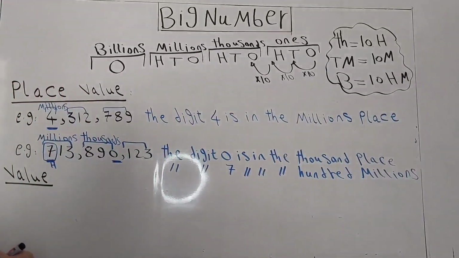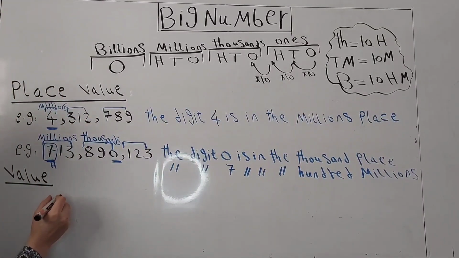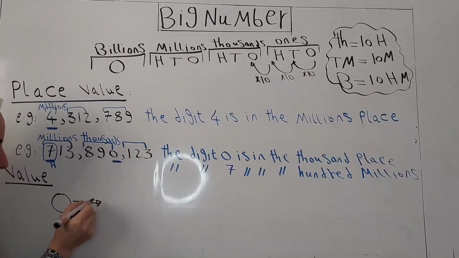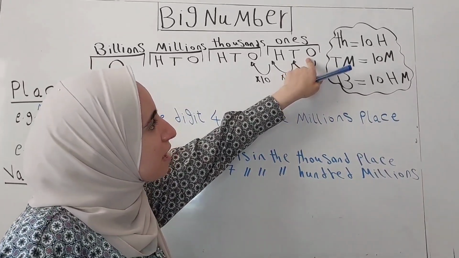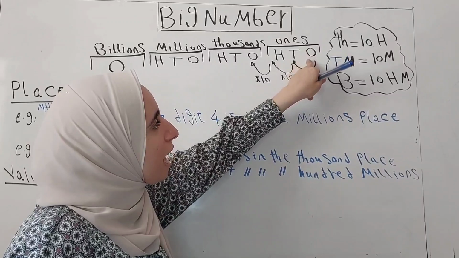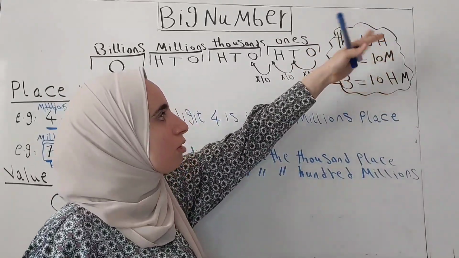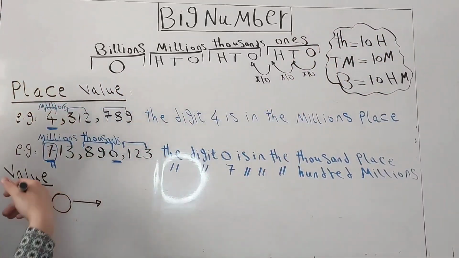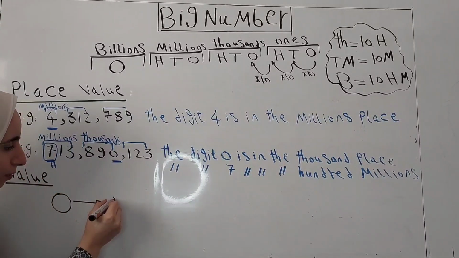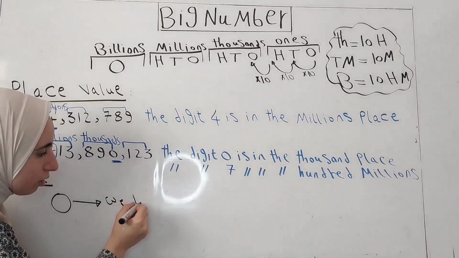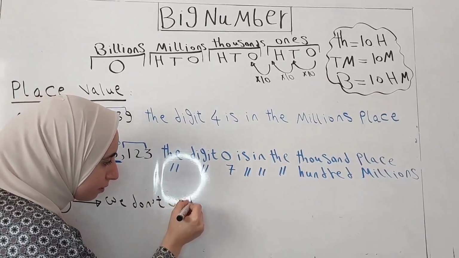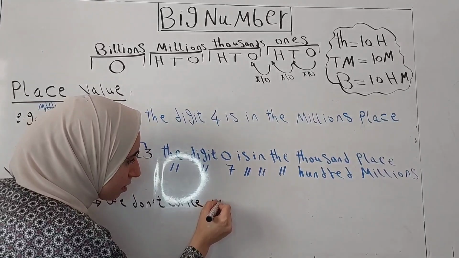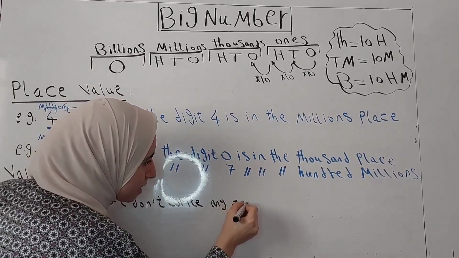Now, if the digit is in the ones place, do we have a last place? No. So we don't write any zeros.